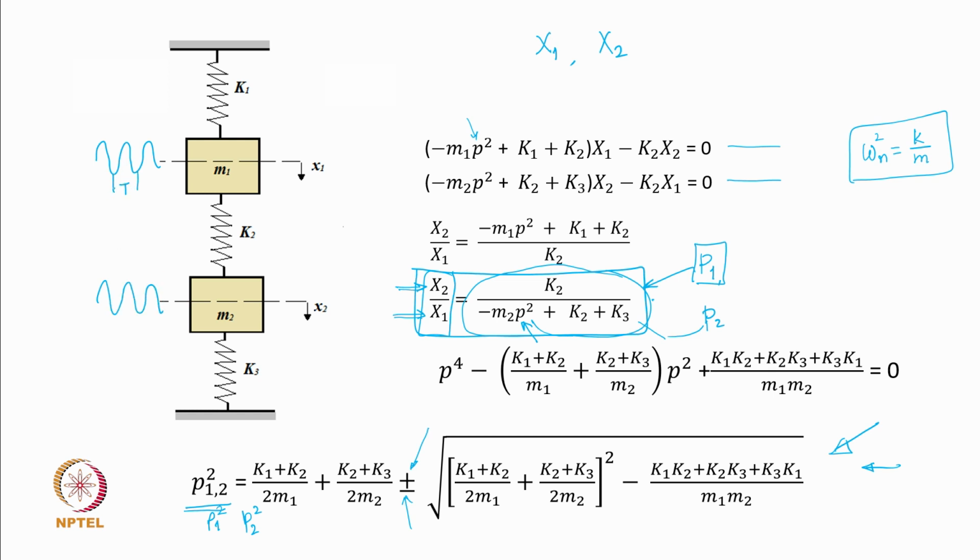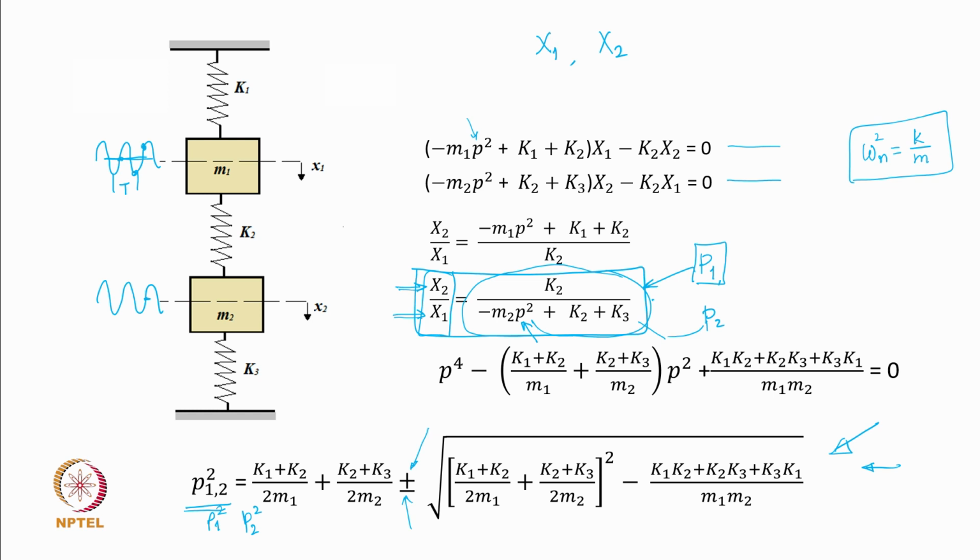They will reach their mean zero position at the same time, then they will reach their maximum amplitude at the same time. If they do not follow this amplitude ratio, this mass would be moving somewhere here, whereas this mass would reach the mean position. And if you mix or add these two motions, you will get a periodic motion, not a harmonic motion.